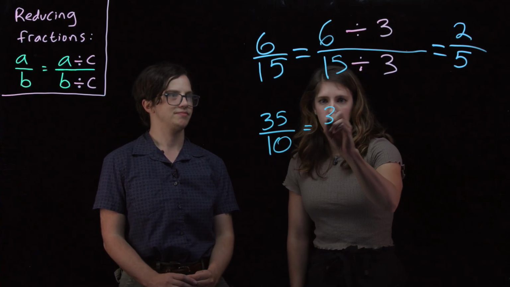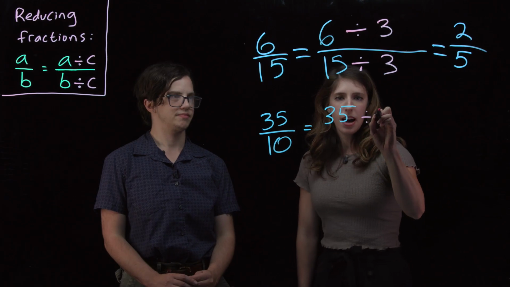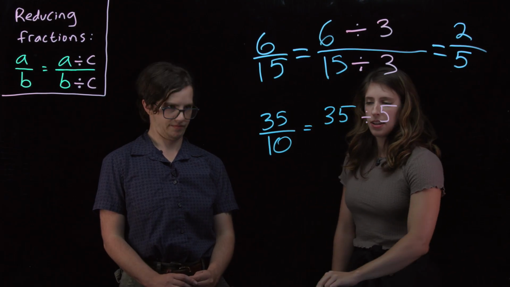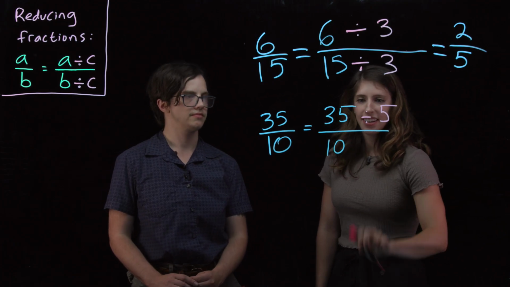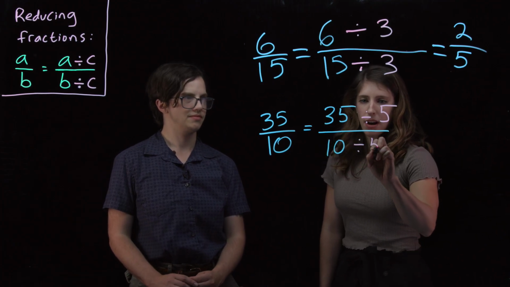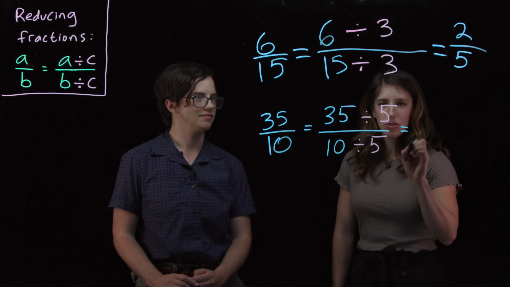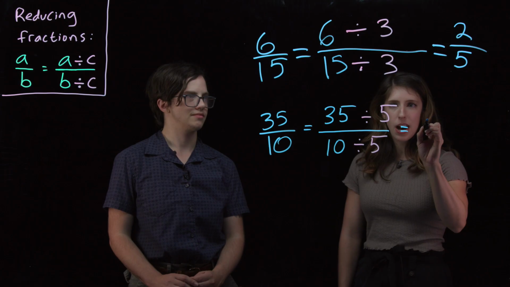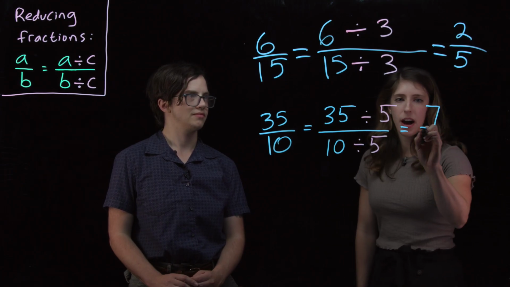So our original numerator of 35, we'll go ahead and divide that by 5. Same action in the denominator. We'll take 10 and divide by 5 as well. So hopefully we get our reduced version. 35 divided by 5 is 7. And 10 divided by 5 is 2.